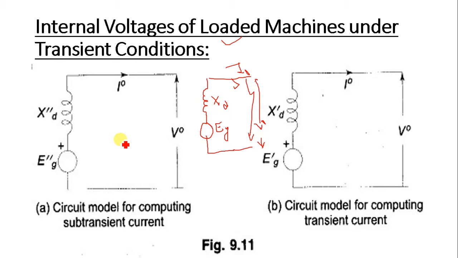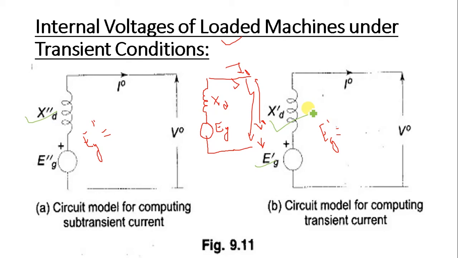Okay, so the induced EMF to be used in these models, if you want to find the value of Eg double dash, and during the transient period the value of Eg dash, that is what we are going to do. The voltage Eg double dash is known as the voltage behind the subtransient reactance Xd double dash, and Eg dash is nothing but the voltage behind the transient reactance Xd dash.